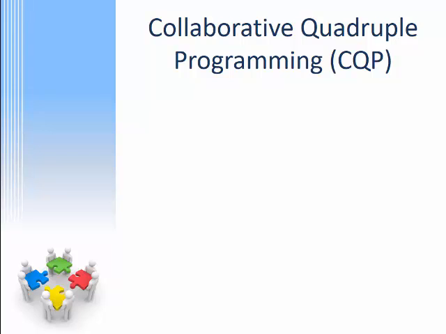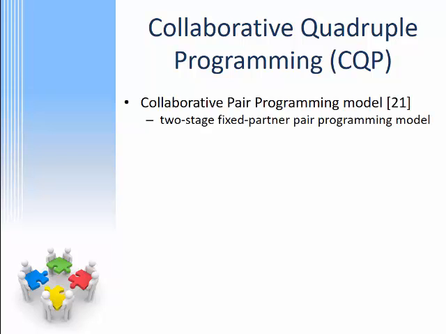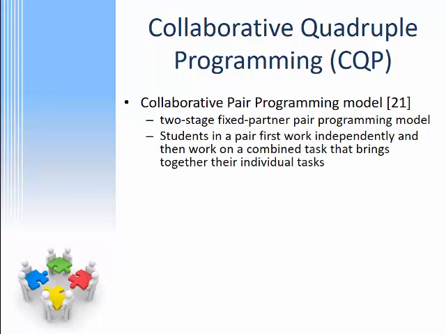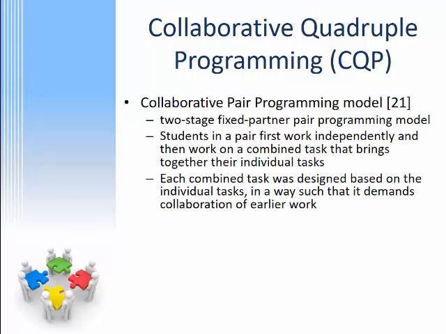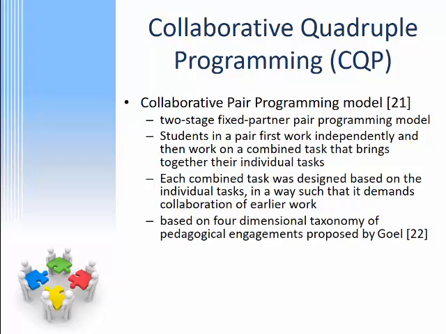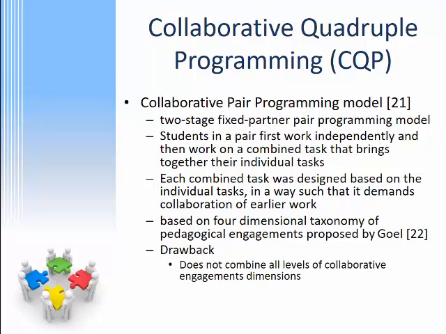The collaborative pair programming model is a two-staged fixed partner pair programming model. The students in a pair first work independently and then work on a combined task that brings together their individual tasks.